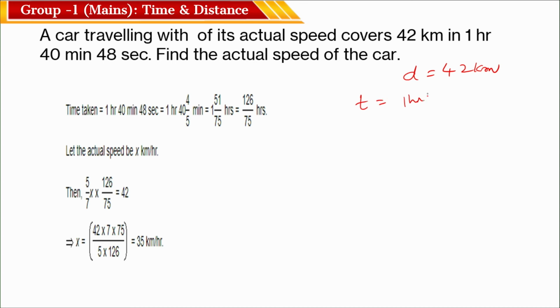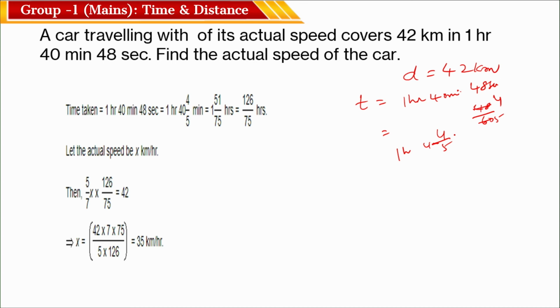1 hour, 40 minutes and 48 seconds. So you have to convert each and every one in terms of hours. 48 seconds means here we can say 48 by 60 minutes. 48 by 60 means 12 4s, 5s, which means 4 by 5.